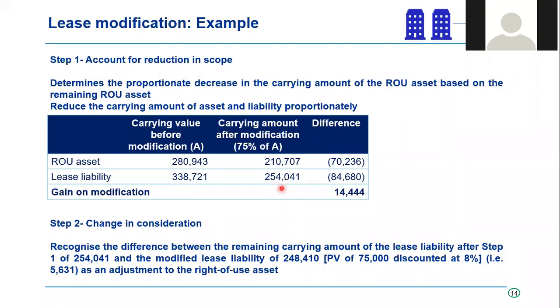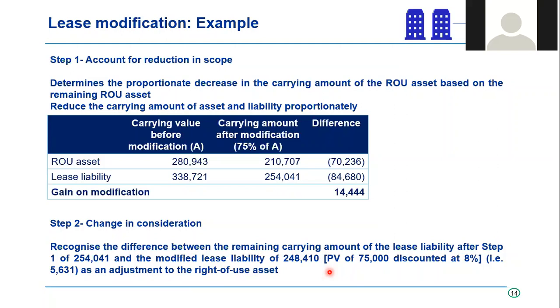So the way to bridge this gap of 5,600 is by crediting the lease liability by 5,600 and debiting the right of use asset by 5,600 rupees. A change in the consideration is P&L neutral because it impacts the ROU only on the date of the modification.